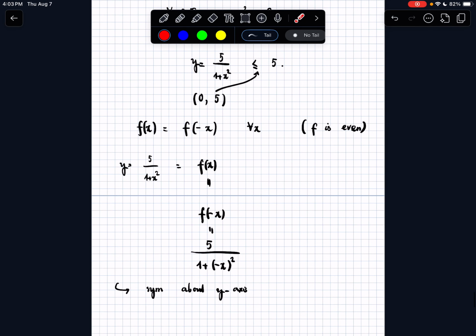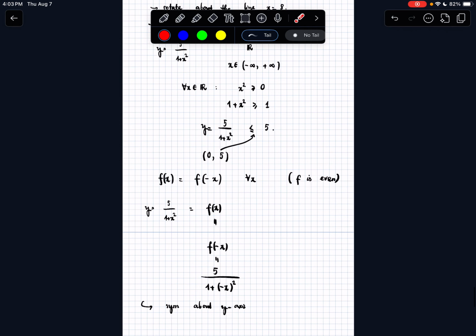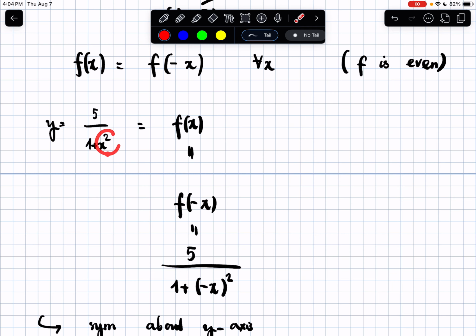What else can we remark about this function? When x tends to plus or minus infinity, the denominator tends to plus infinity. This means 5 divided by plus infinity tends to 0.